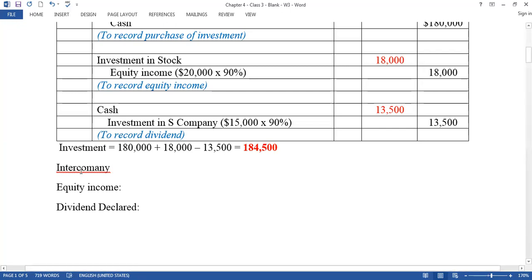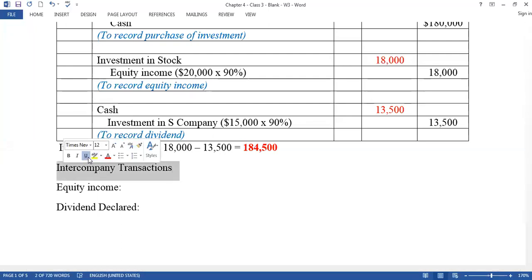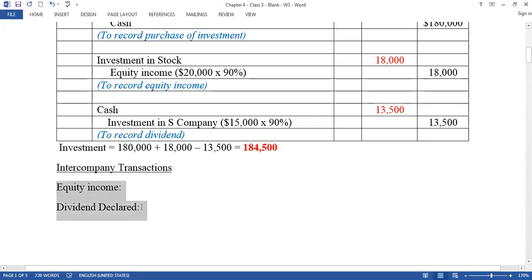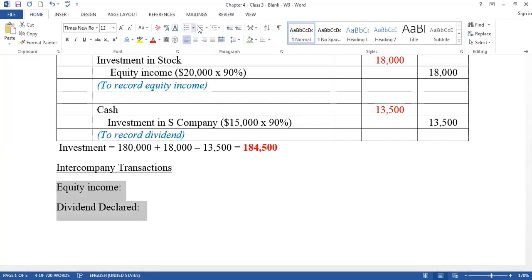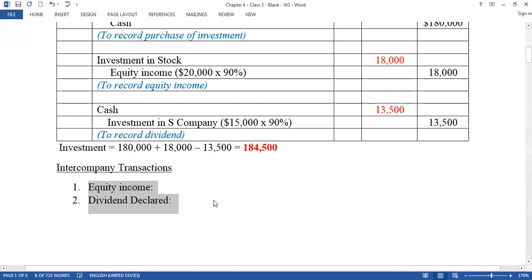So if I mark underline, these two are the intercompany transactions, right? Now these two, as they are the intercompany transaction, we have to close them. We have to eliminate them, right?